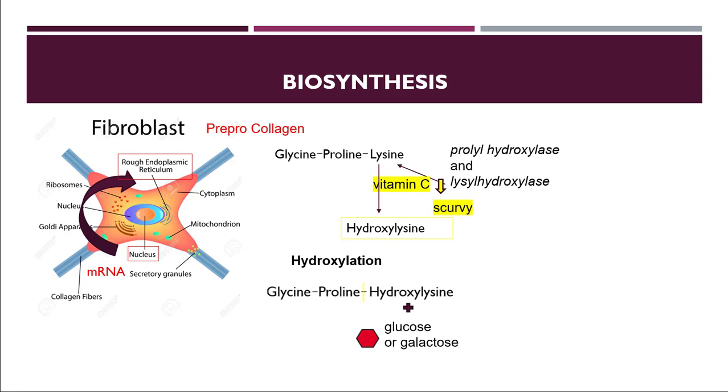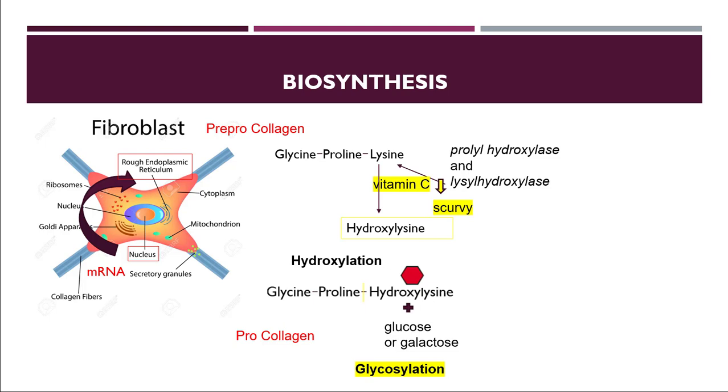And this is the symbol I just created for it. So this is going to attach to that lysine group, and this process is called glycosylation. Now this process is also very important. At this point, the pre-pro-collagen is called procollagen only.